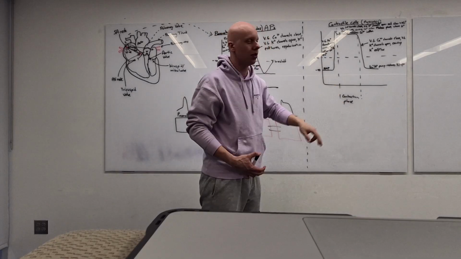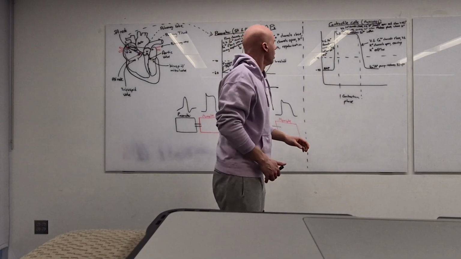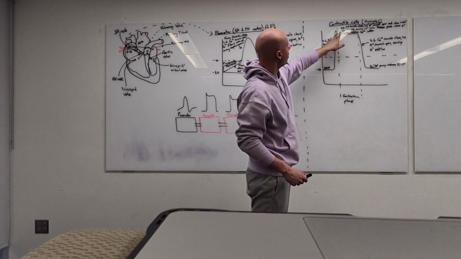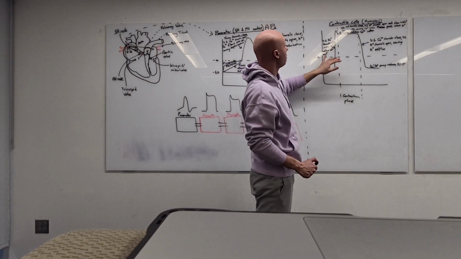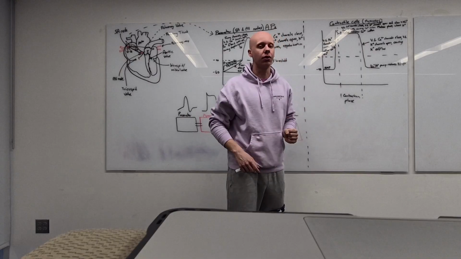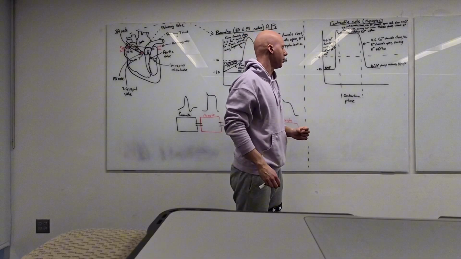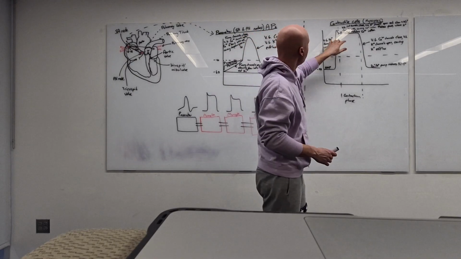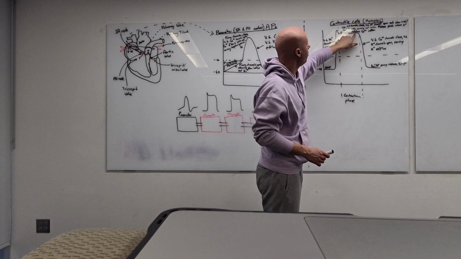This sharp increase that you see here is where voltage-gated sodium channels open, which causes rapid influx of sodium into those myocytes. Then you get to what's called the plateau phase.